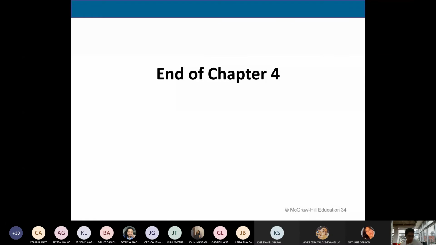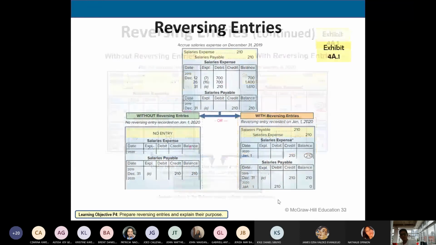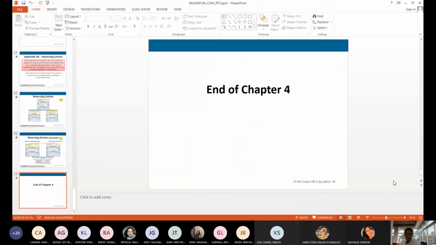Okay ba? So, yun lang for this meeting, no? Unless meron kayong mga tanong. Ang next chapter natin, I think, would be the accounting for inventory na, no? If I remember it right, baka accounting of inventory na. Okay?